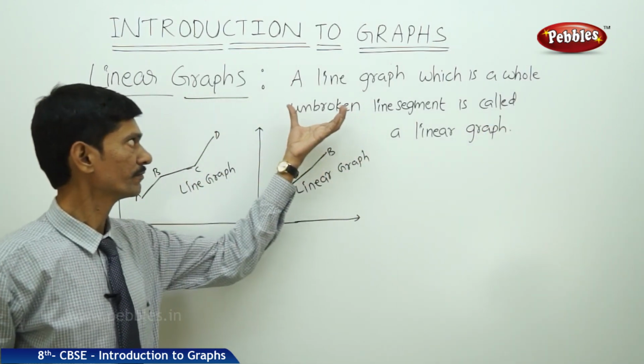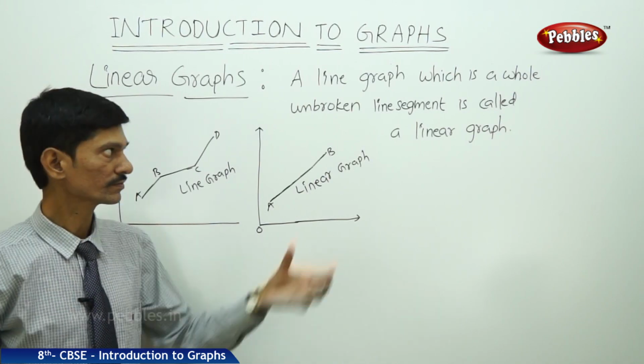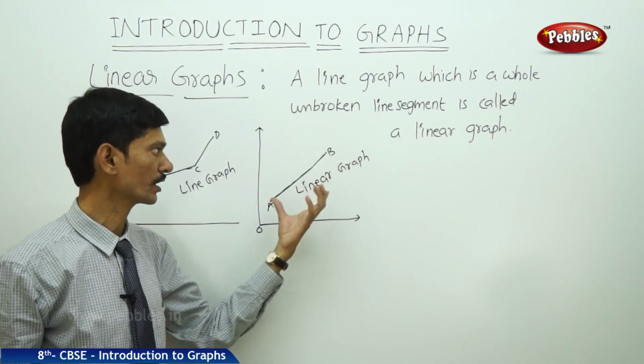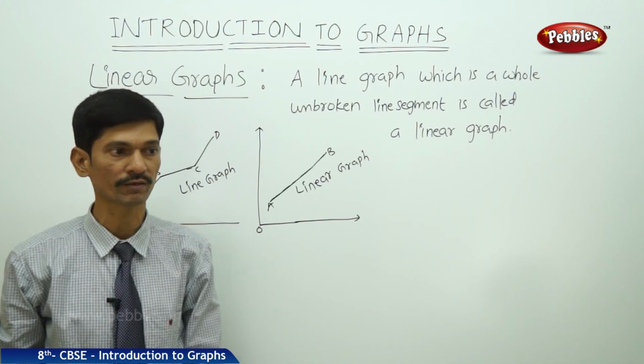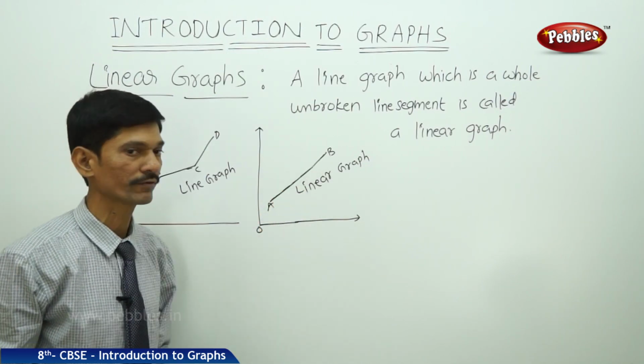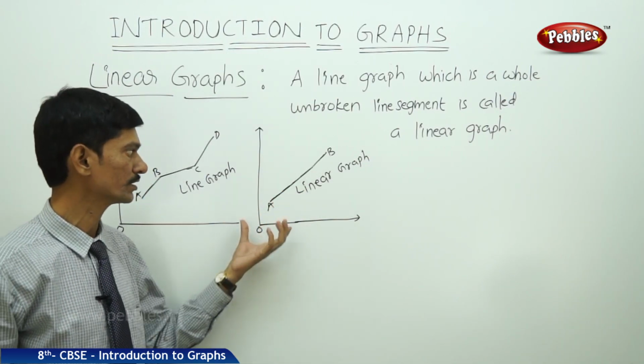So a linear graph is also a line graph which is a whole and unbroken line segment. To draw the linear graph, we need to locate some points in a plane.